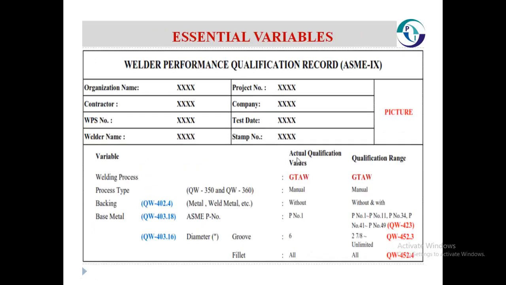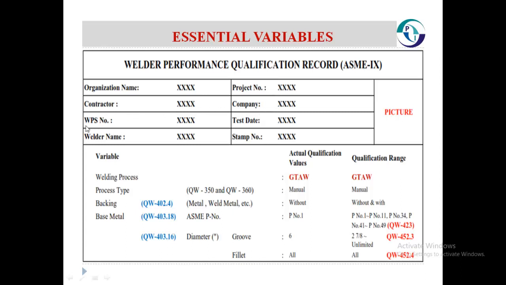Essential variables for the welder performance qualification record. In addition to essential variables, the welder performance qualification record also contains the organization name, project name, contractor, company name.